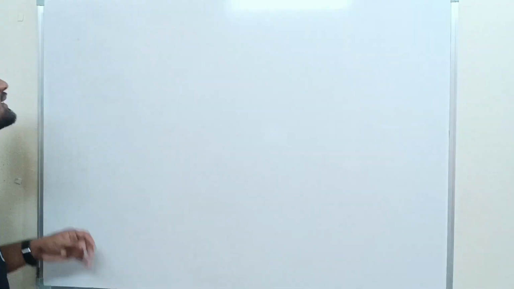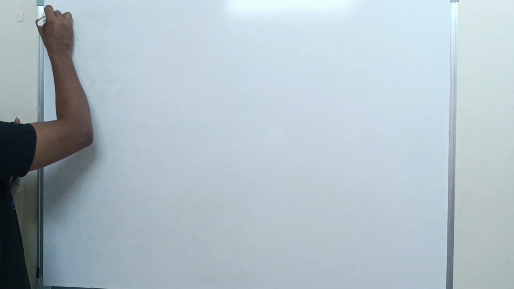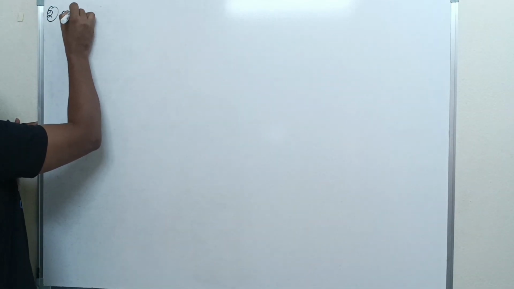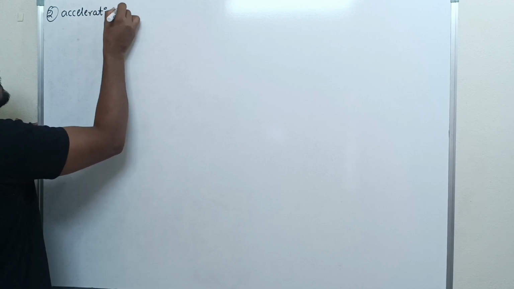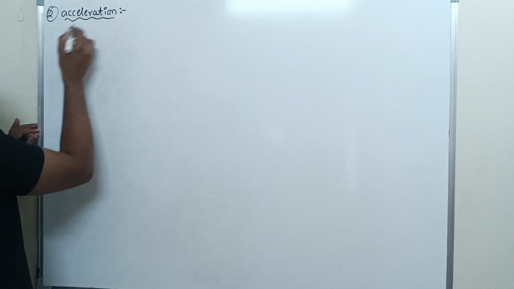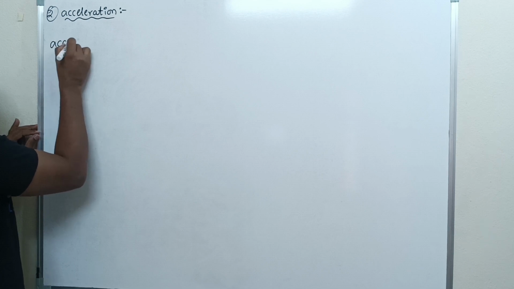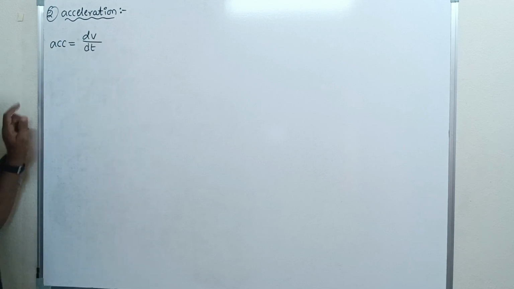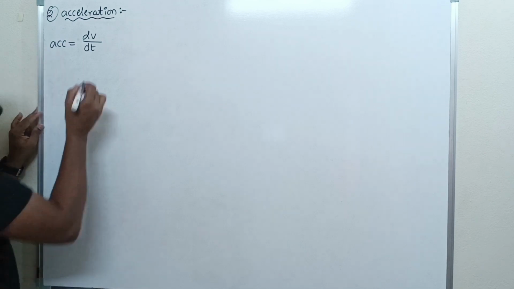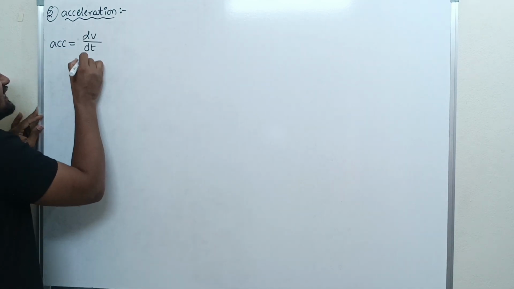Right. So let us discuss acceleration. So what is the second one? Acceleration. Okay. So what is acceleration? Acceleration is nothing but dv by dt. The rate of change of velocity is called acceleration. So what is the meaning of dv by dt?